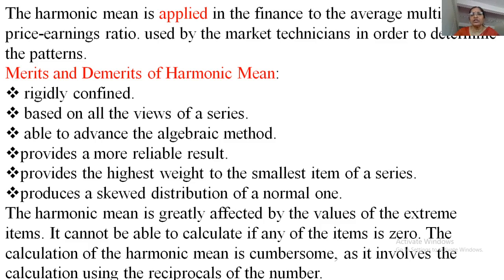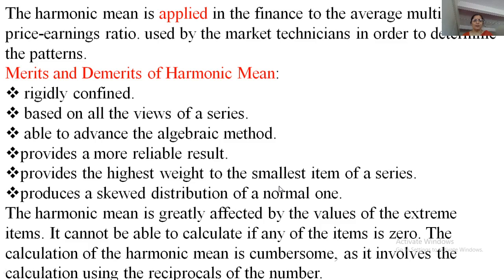See, if any of the observations is 0, the product of n observations will be 0. Therefore, we cannot compute geometric mean as well as harmonic mean when any of the observations is 0. Further, we cannot compute geometric mean when any of the observations is negative, because we cannot compute the square root or any root of a negative value. It becomes an imaginary number.